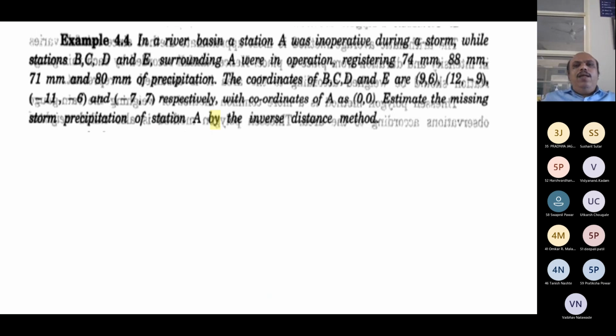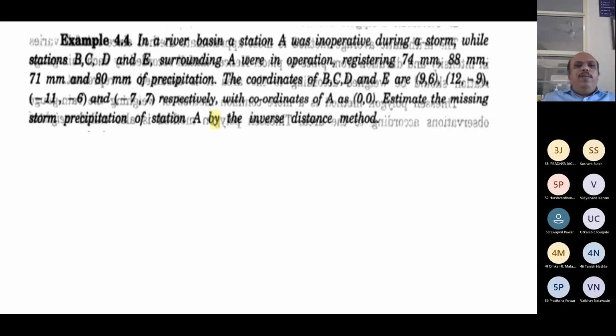The coordinates of stations B, C, D and E are given as (9, 6), (12, -9), (-11, -6) and (-7, 7) respectively, with coordinates of A as (0, 0). Estimate the missing storm precipitation of station A by the inverse distance method. So all of you note down this problem.